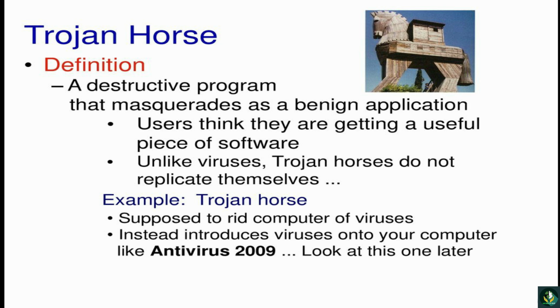Unlike viruses, Trojan horses do not replicate themselves. Example: a Trojan horse supposed to remove computer viruses instead introduces viruses onto your computer, like Antivirus 2009. Look at this one later.